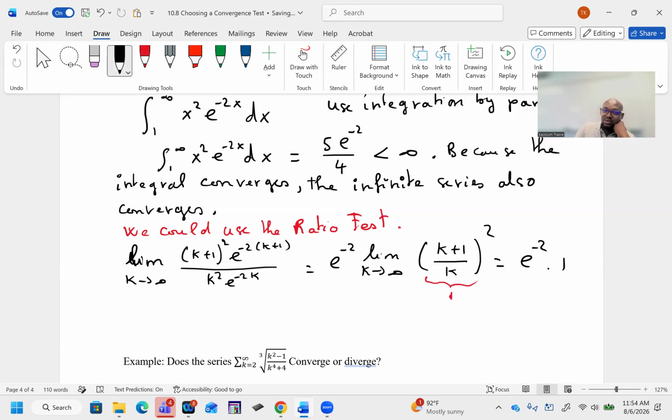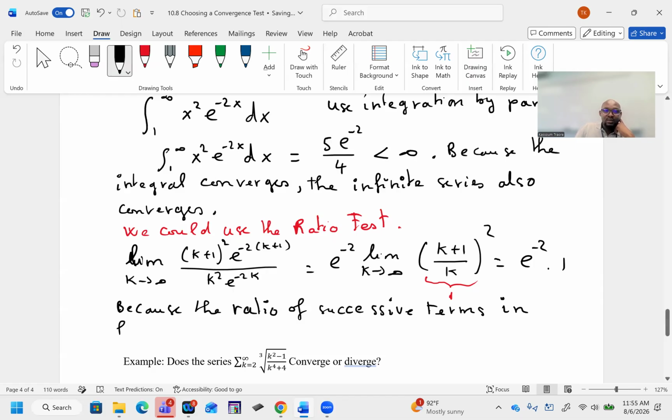And then we can see, because the ratio of successive terms is less than 1, we conclude that this series converges. Okay?